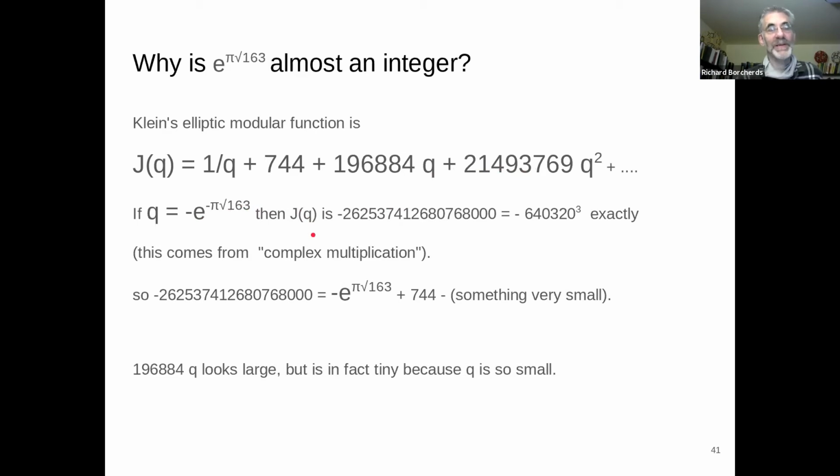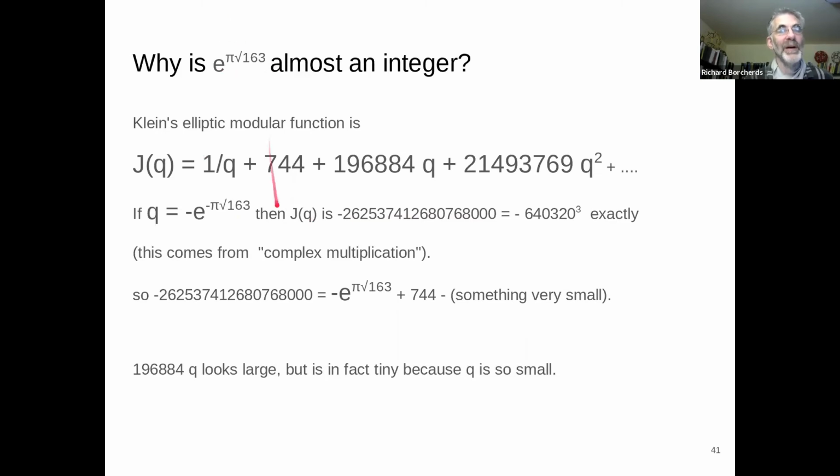The reason for this comes from a mathematical theory called complex multiplication, and the integer turns out to be 640320 cubed. On the other hand, the number 1 over q is approximately e to the pi root 163, which is this number up here.